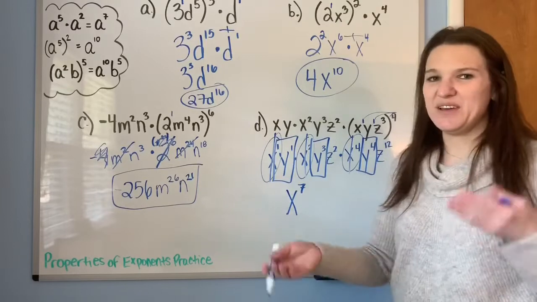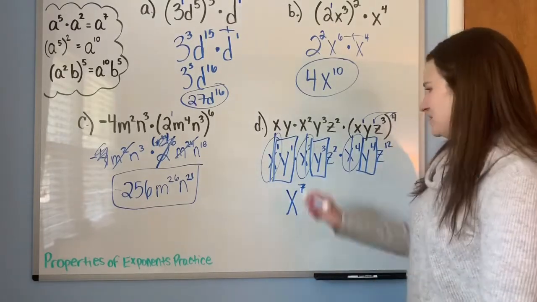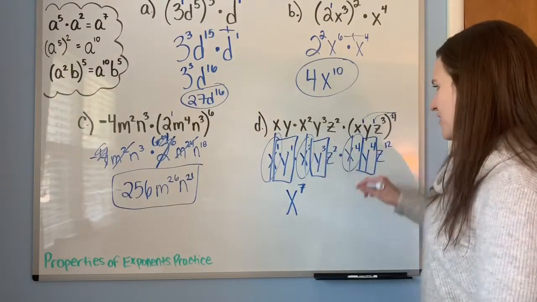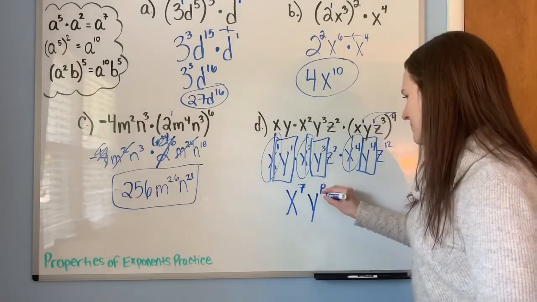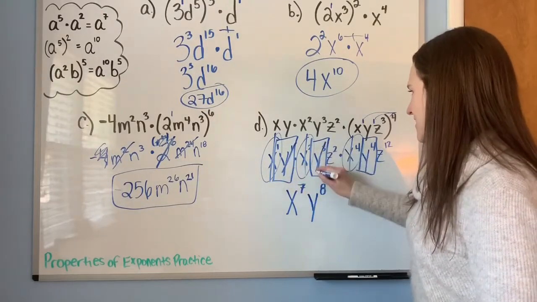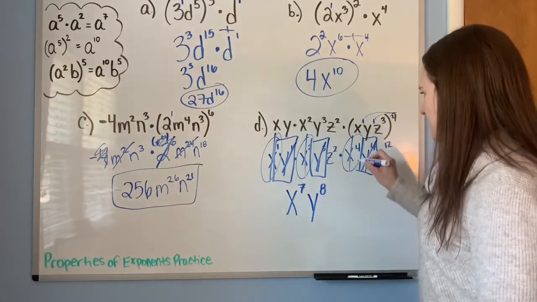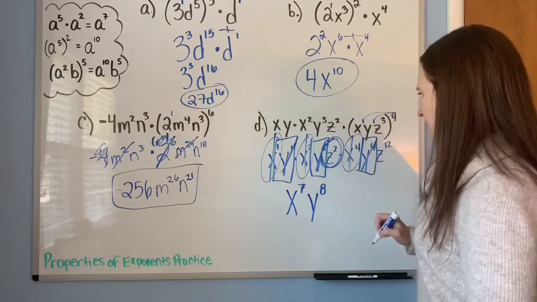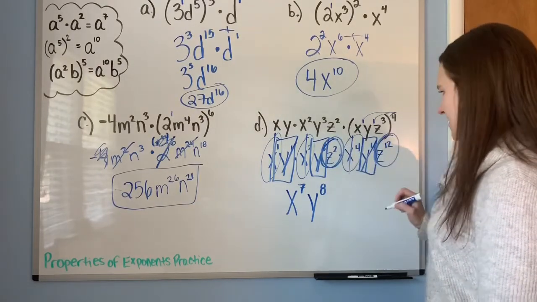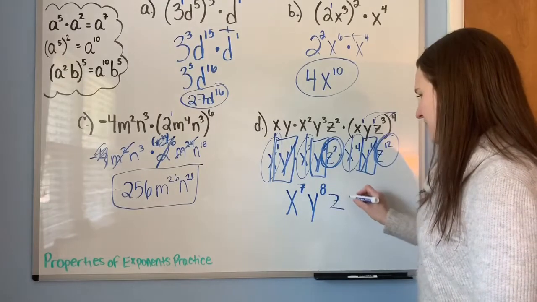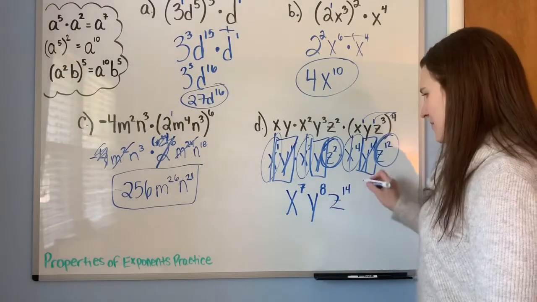So sorry for the 2 colors. Okay, so we have 1 and 3, and then 4, that's going to give us y to the 8th. And that's gone, that's gone, and that's gone. The only 2 we have left are z squared and z to the 12th. When you add those together, you get z to the 14th.